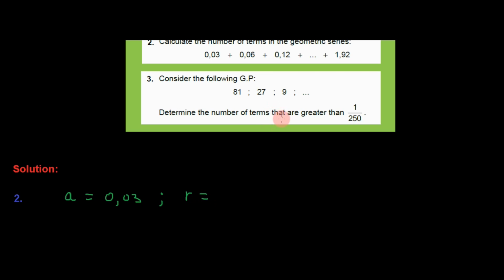We can get R by taking term 2 divided by term 1. And this is equal to 2. Then the last term, or the nth term, T sub n, is 1,92. And we need to find a number of terms. So the value of n.